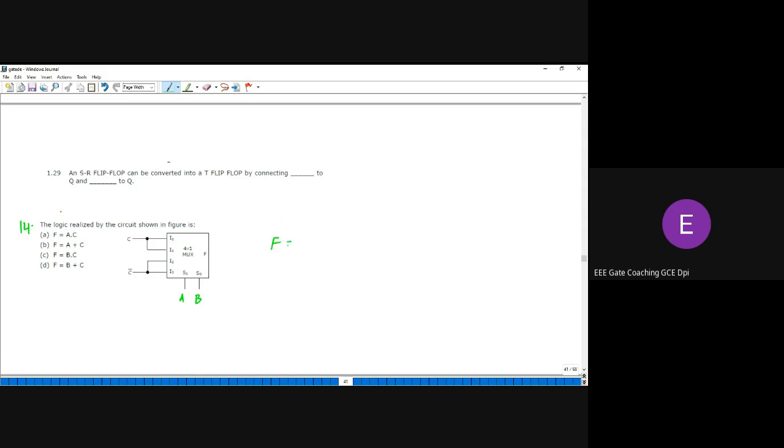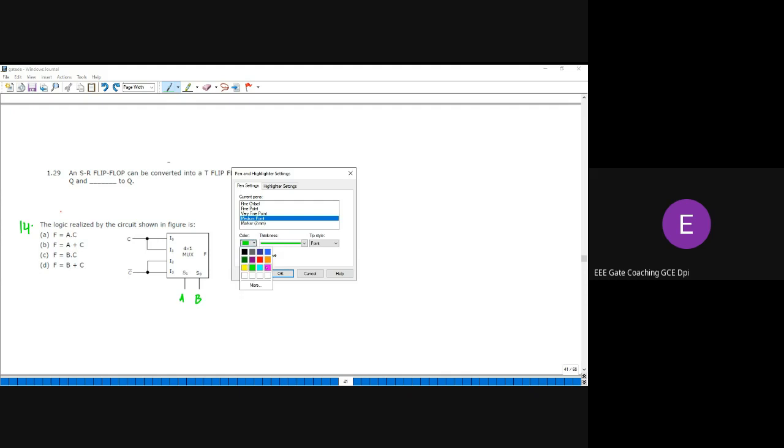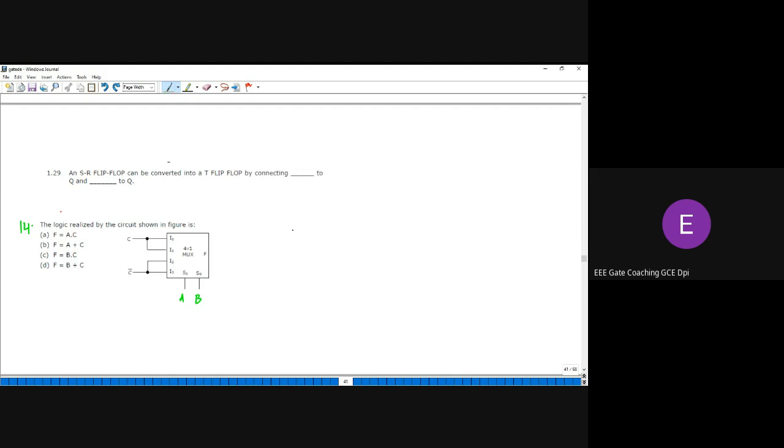F is equal to: if S1 S naught is 0 0, then I naught gets selected, right?